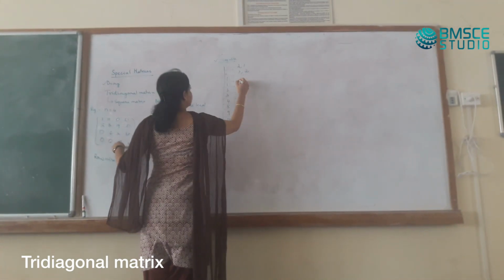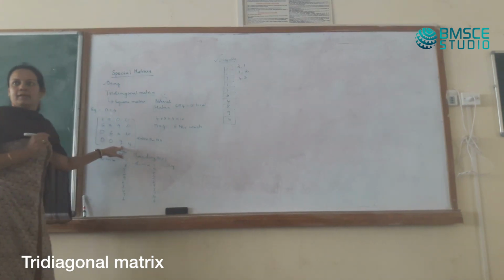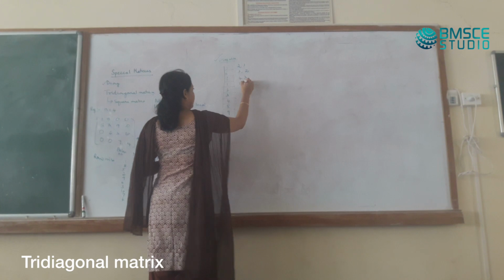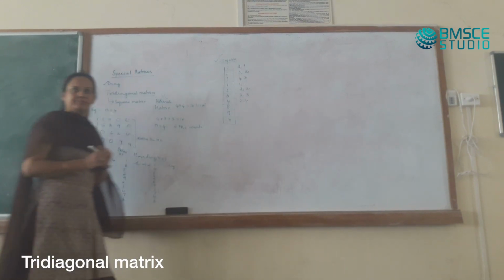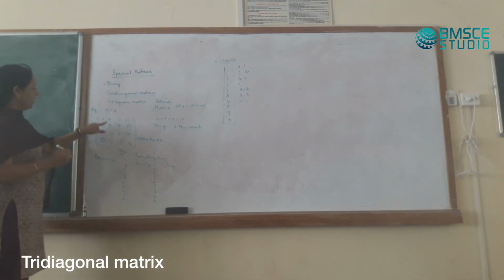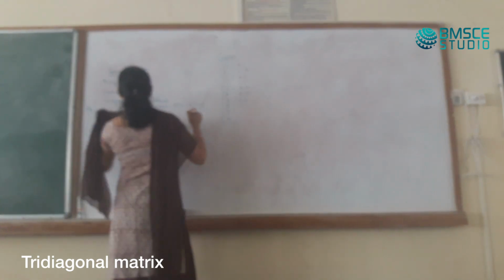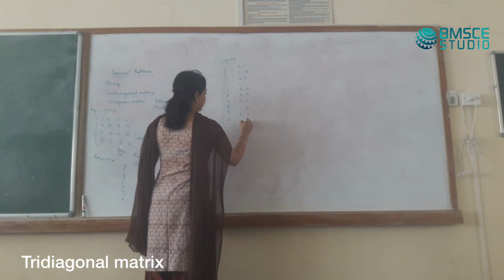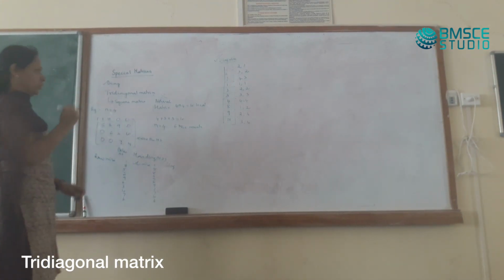Then 7 is 4, 3, correct? Now, where is 1 found? First row, first column. Second row, second column. Third row, third column. Fourth row, fourth column. Where do you find 8? 8 is found at 1, 2, then 2, 3, then 3, 4.